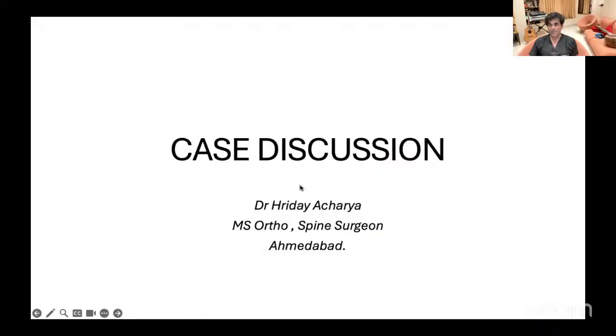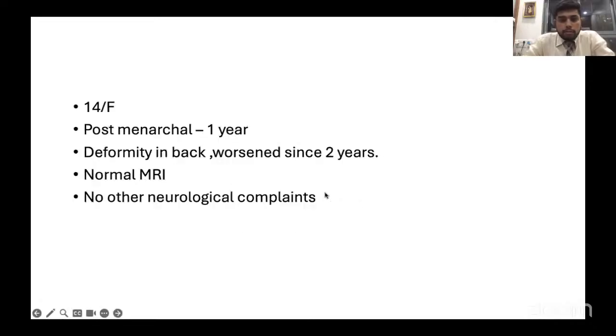Hriday, can you share your screen and present your first case? Okay, the screen is visible, right? Yes. So, this is a case of a 14-year-old female, post-menarchal with full maturity. She had a deformity in the back which worsened over 2 years with normal MRI and no neurological complaints.